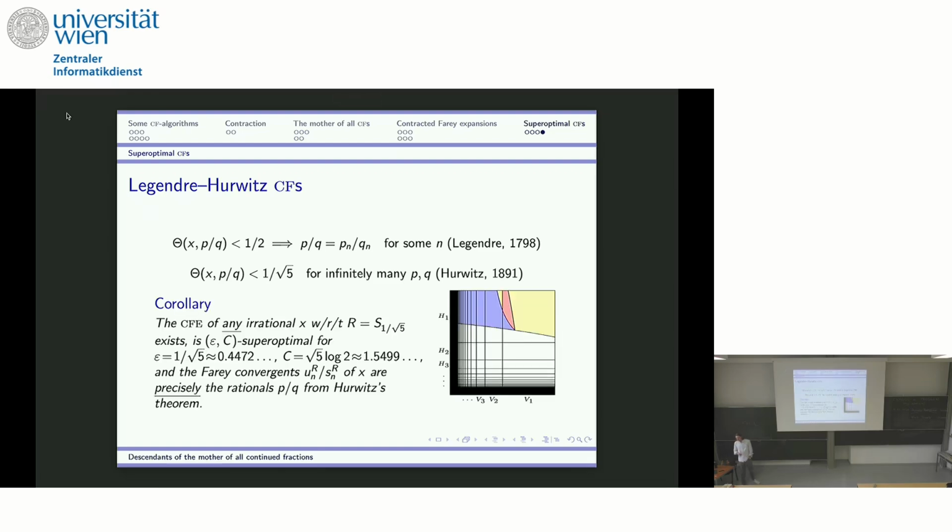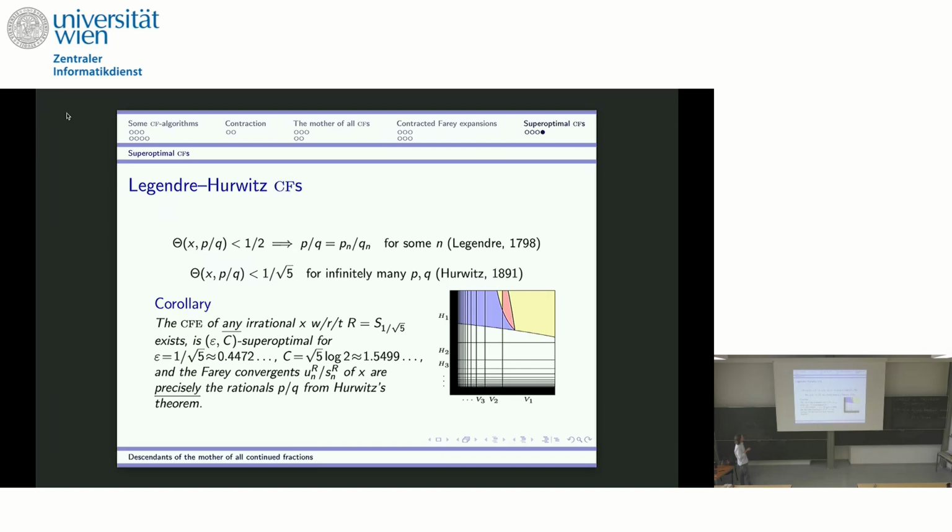So as a corollary of the statements from the previous slide and these two results, we now let the region R be S sub 1/√5. By Hurwitz and Legendre's result, and the proposition from the previous slide, we know that for any irrational x in (0, 1), the forward orbit will return to this region S sub 1/√5 infinitely often. So the contracted Farey expansion of any x is actually defined.